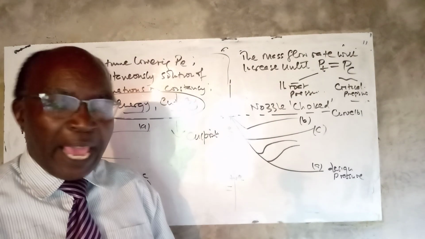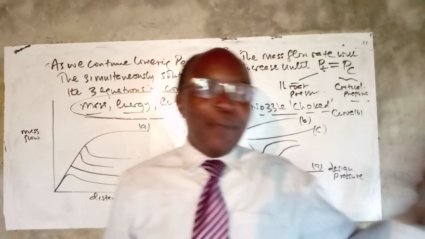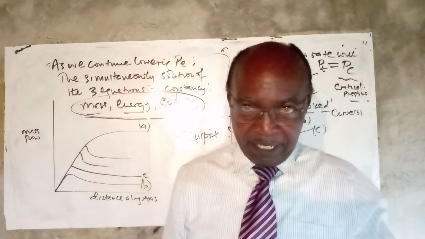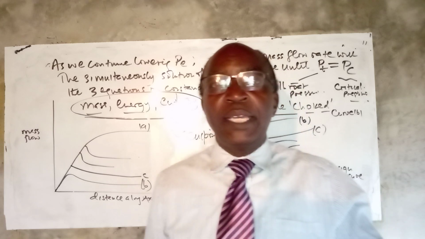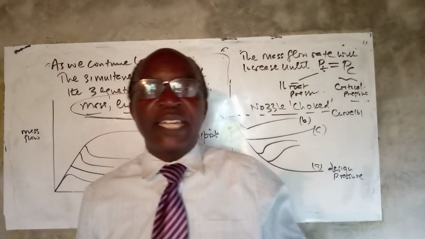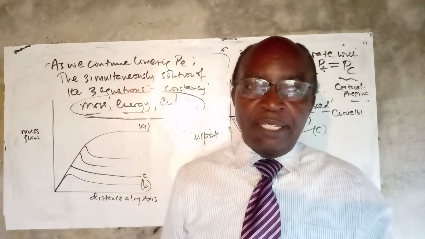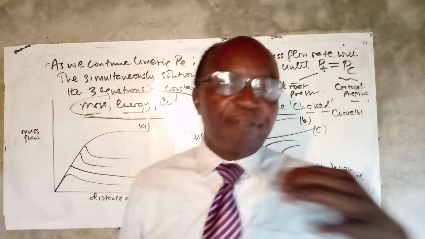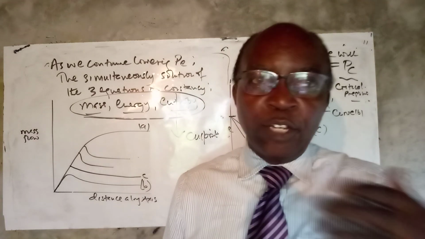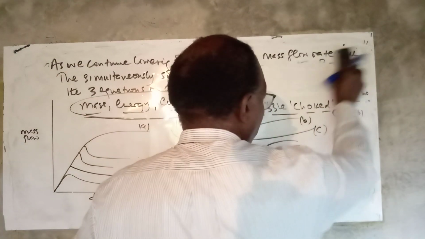And what will be the impact of having the shock wave? One, there will be increase in pressure. Number two, in addition to increase in pressure, there will be increase in entropy. And finally, there will be deceleration of the flow from supersonic to subsonic flow. Very important for us to note that.